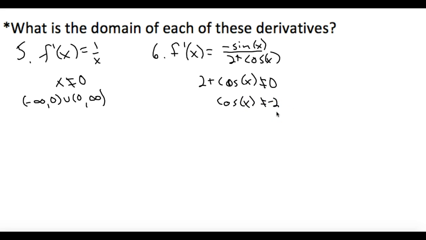Well, there aren't any values, right? The range of cosine is just -1 to 1. If you think about going around the unit circle, the largest value we can get for cosine is +1, and the smallest value is -1. So there's no possible value I can plug in here to get -2.